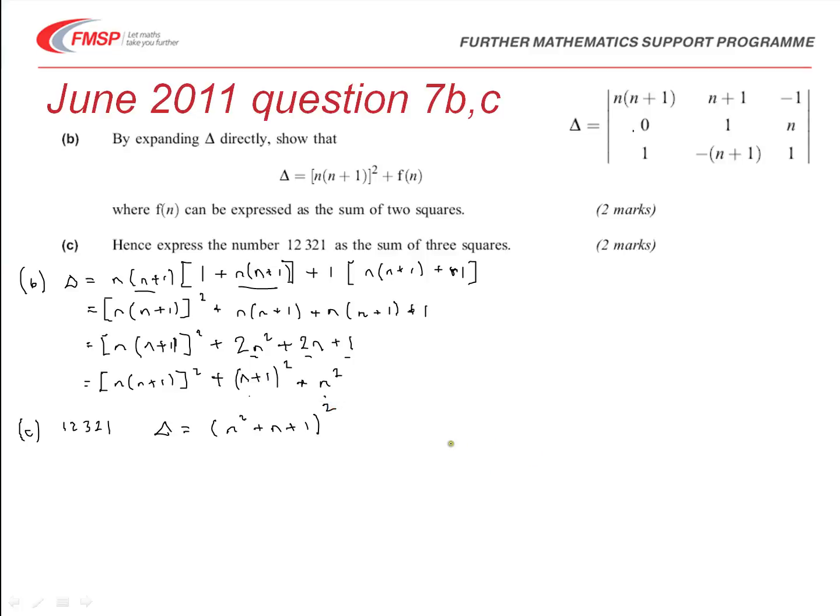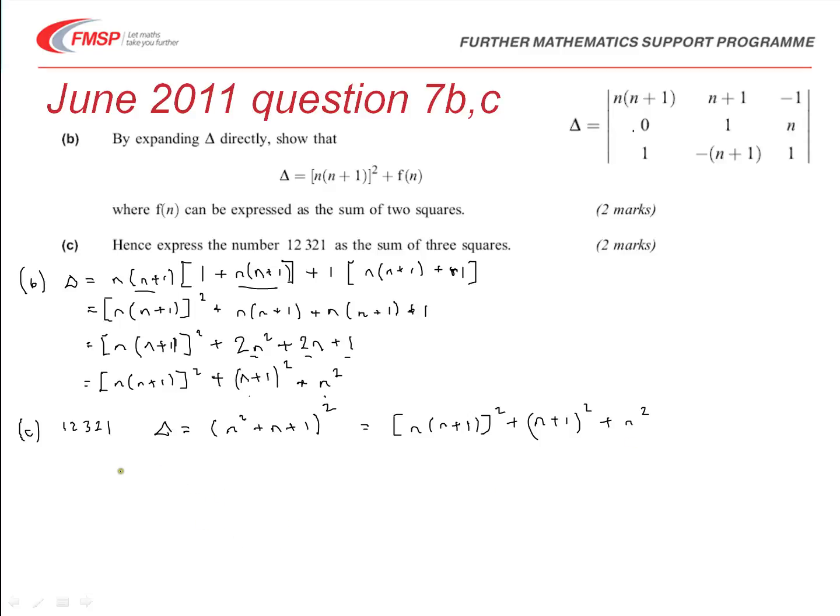And in the second part, we said that it's equal to n times n plus 1 squared plus n plus 1 squared plus n squared. So what we need is an appropriate value of n that will give us 12321, and then hopefully on the other side here we will have our sum of 3 squares.